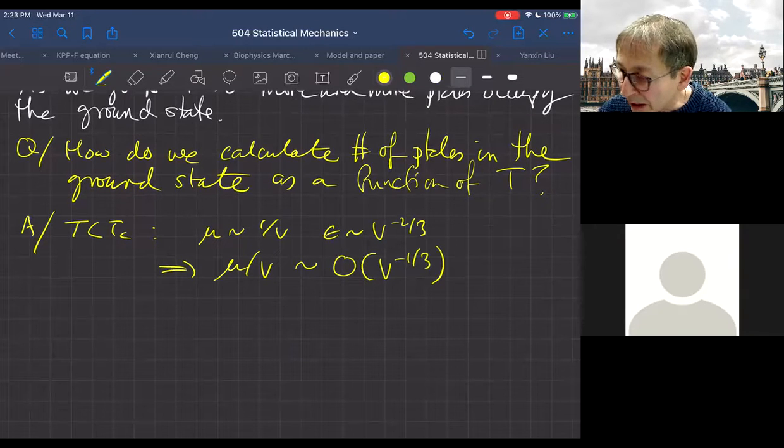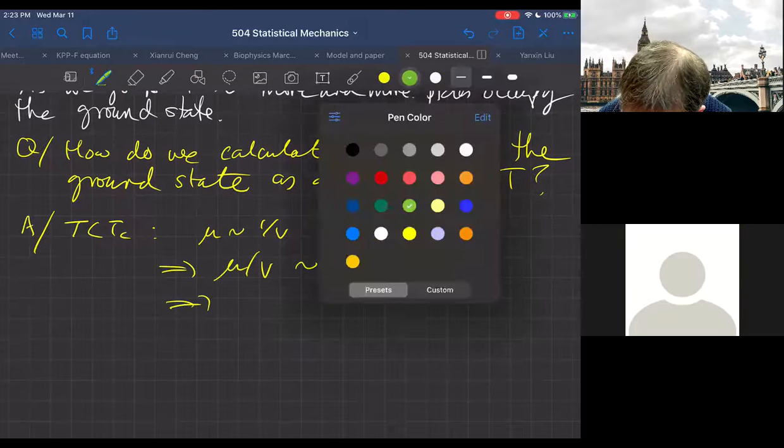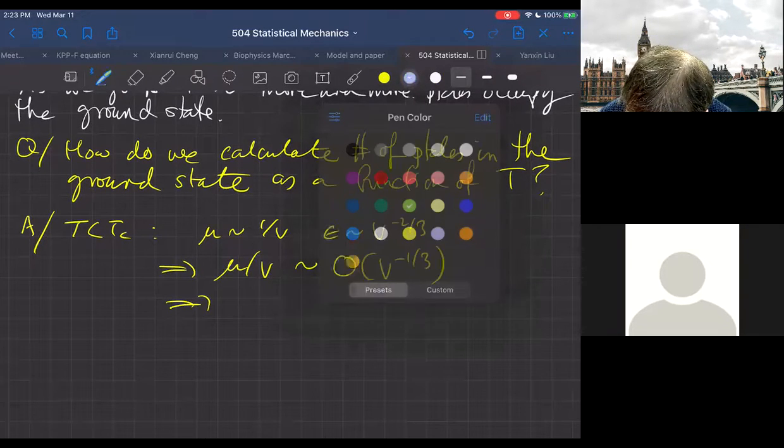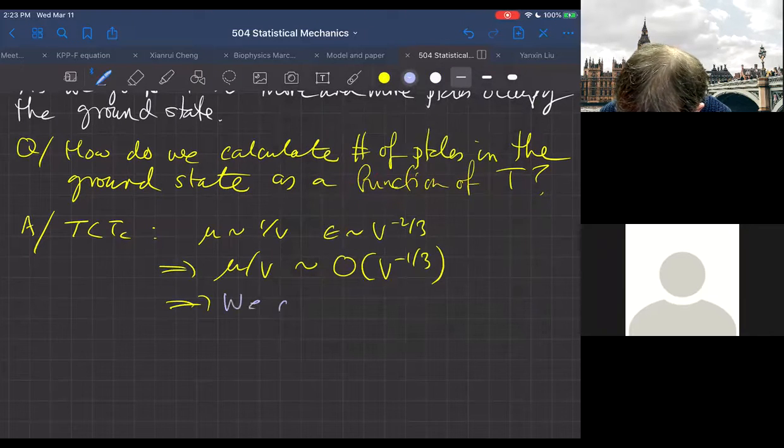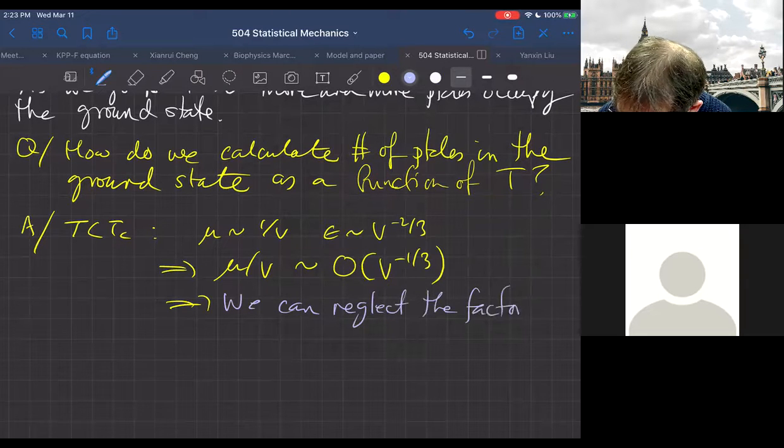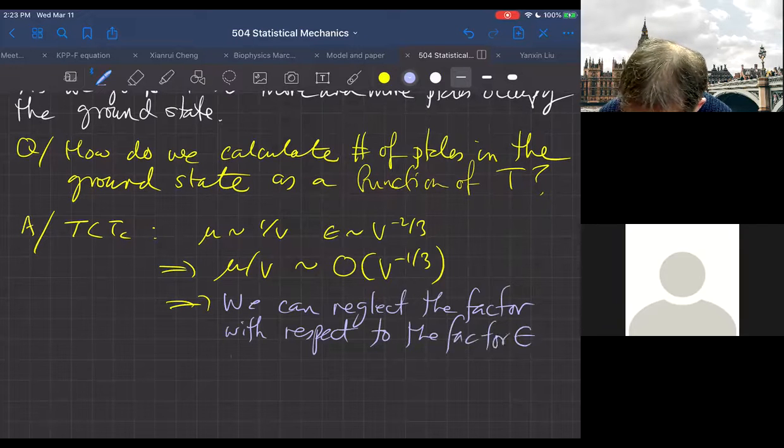And so what that means is that we can neglect the factor mu with respect to the factor epsilon in the Bose-Einstein formula.